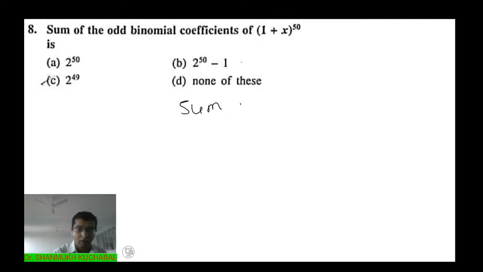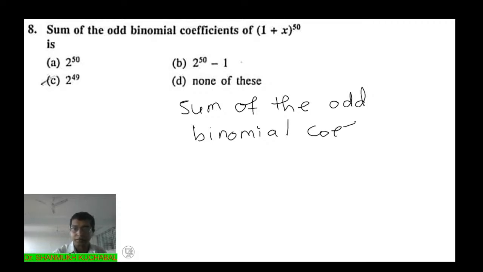Sum of the odd binomial coefficients is equal to 2 raised to n minus 1, that is 2^(n−1).